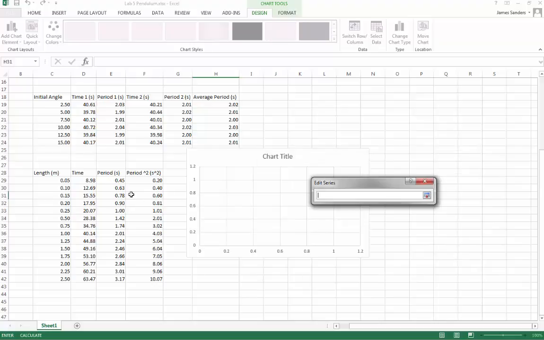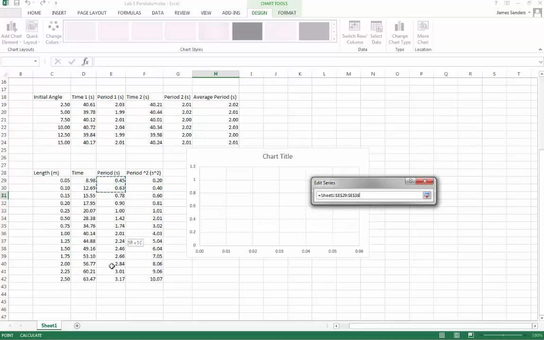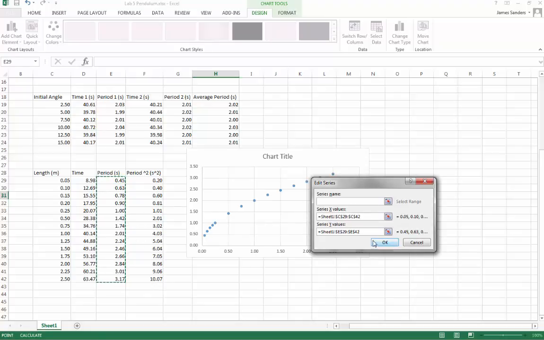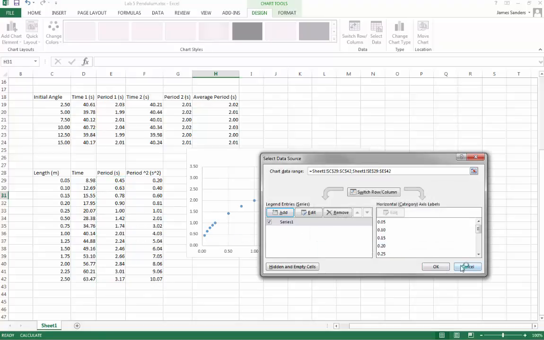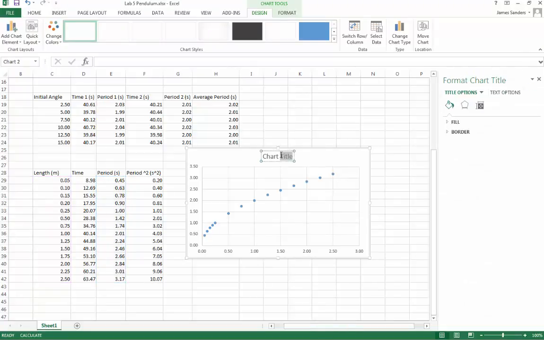I click on Select the X values. The length should be what's on the x-axis. Then I select the y values, so it should be period on the y-axis. And I end up getting a graph that basically looks like this. And so this is basically a period versus length graph for a pendulum.